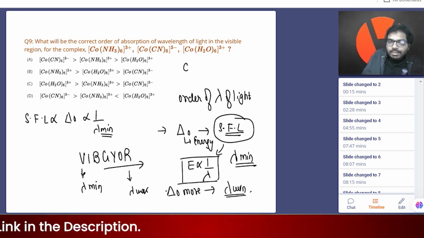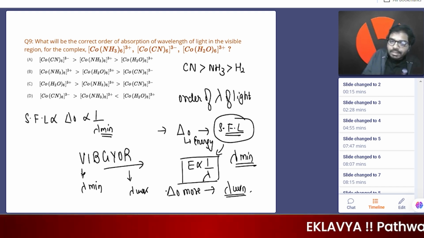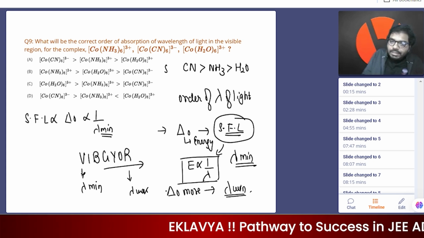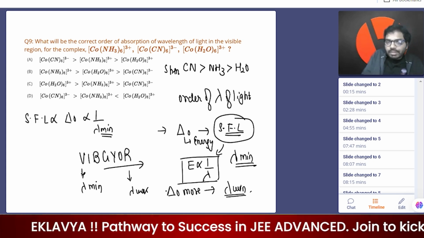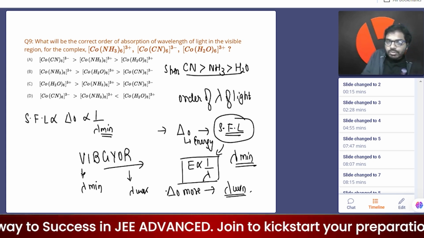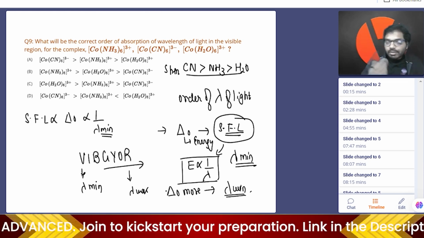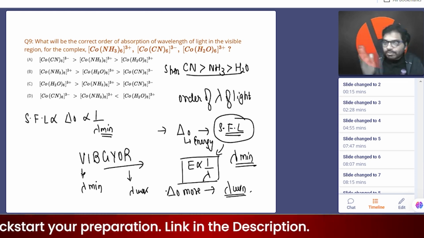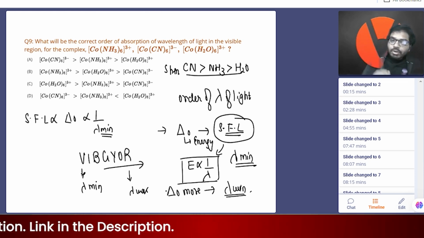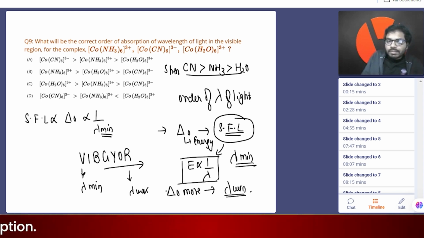Cyanide is the strongest ligand if we check the strength, then we can say NH3, and after that H2O. This is the strength of the ligand. The delta O order will also be the same, so the order of absorption of wavelength just becomes reverse.